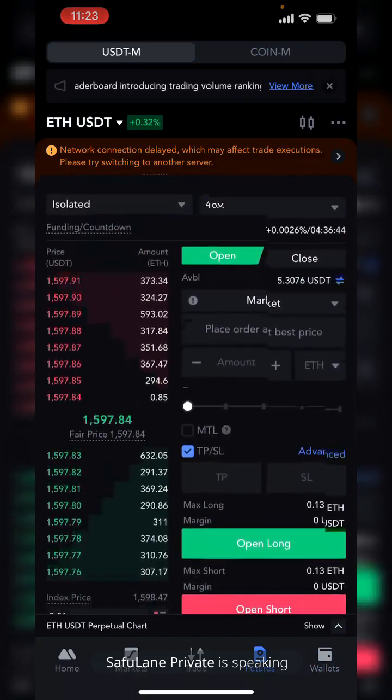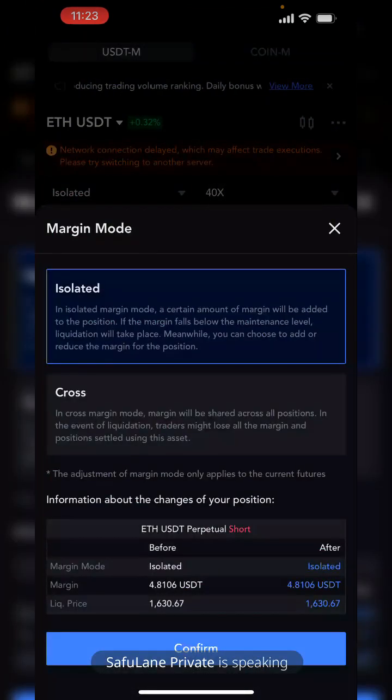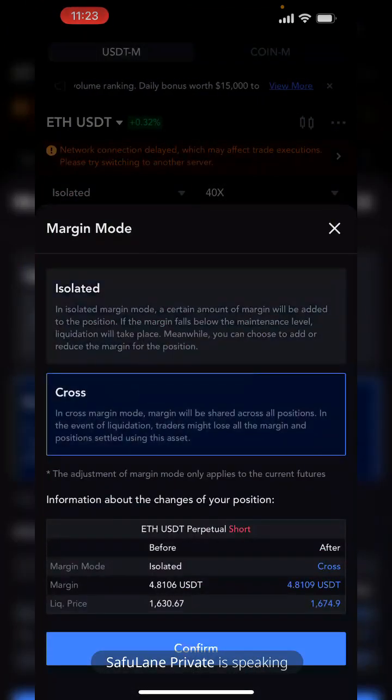Now, cross margin means that I've clicked on it. What I'm trying to do is set my leverage, fine. But if the market action is going, for example, now you can see that I predicted that Ethereum should come down, but right now it's going up.